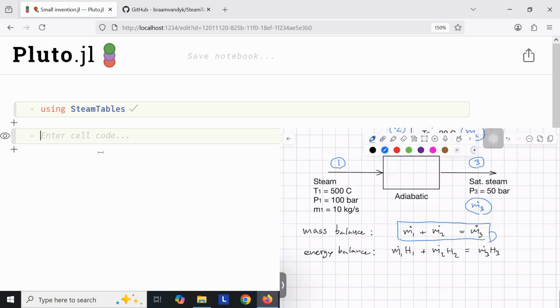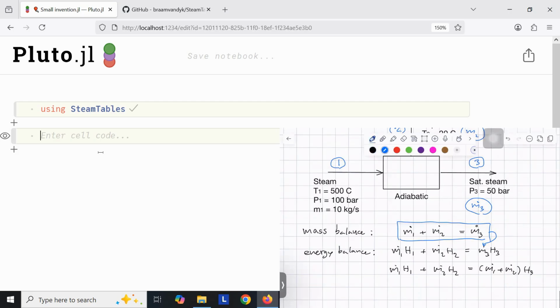Okay? So from the first equation, if I take M3 from the mass balance to replace into the energy balance, I can get M1H1 plus M2H2 equal to (M1 plus M2) multiplied by enthalpy H3.